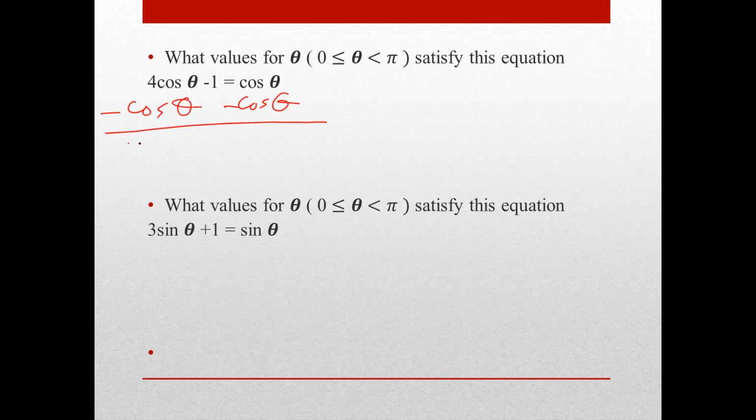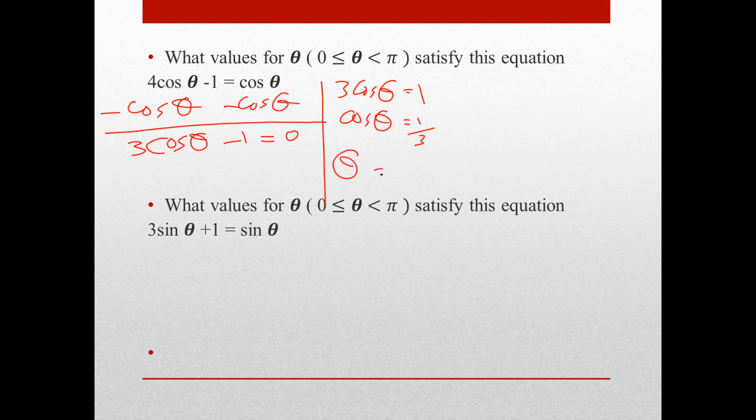So it will be 3 cosine theta minus 1 equals 0. Then 3 cosine theta is 1. So cosine theta is 1 over 3. Then theta is cosine inverse of 1 over 3.